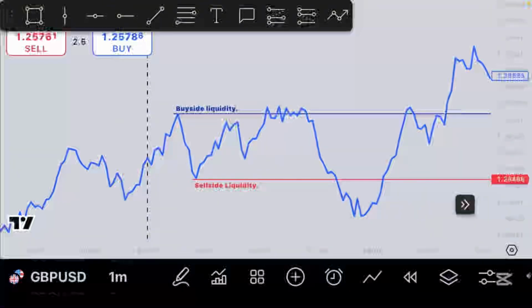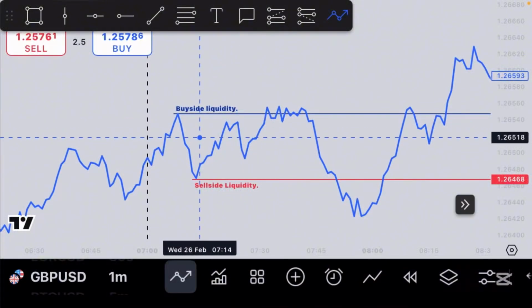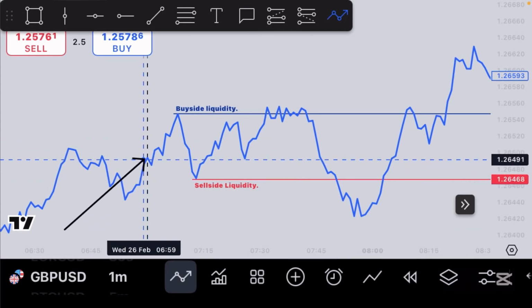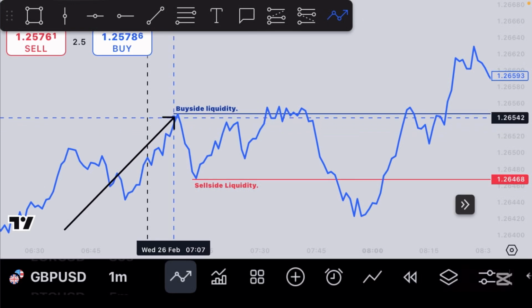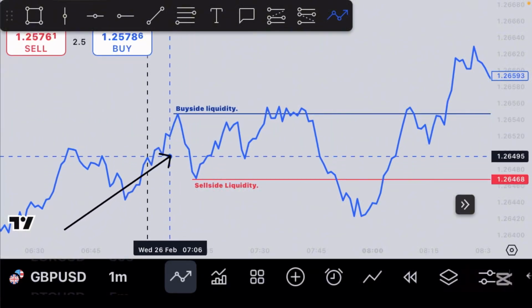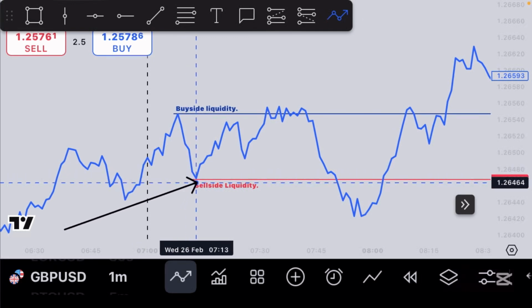So as price moves, it takes out the buy side first. At price open from this level here, it pushes and creates buy side. Then it dips down, taking out this low and creating the sell side.